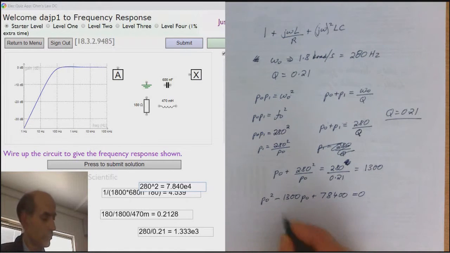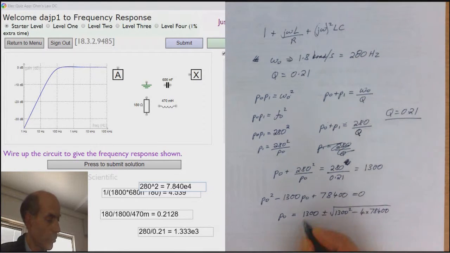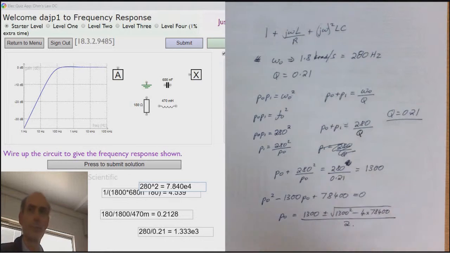Quadratic equation, solve: p naught equals 1300 plus or minus the square root of b squared, 1300 squared, minus 4 times a times c, 4 times 78400, all over 2. Right, let's work out that.